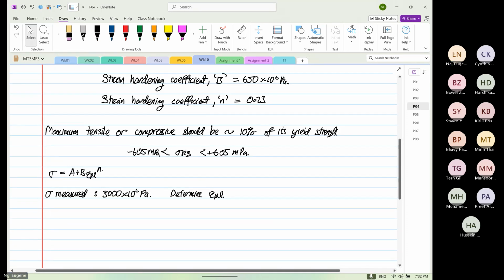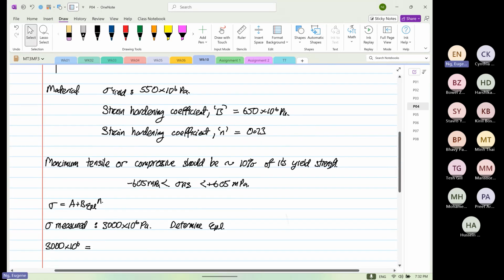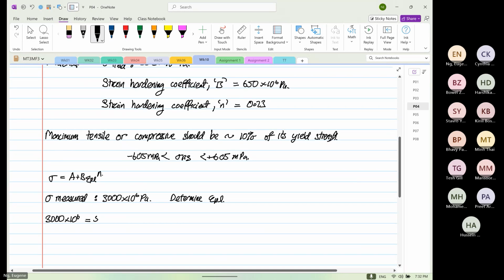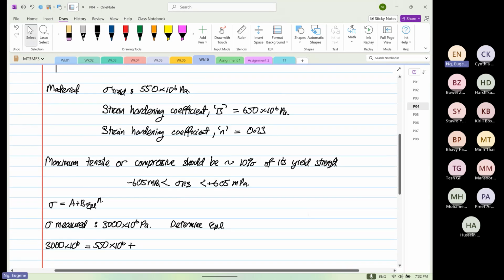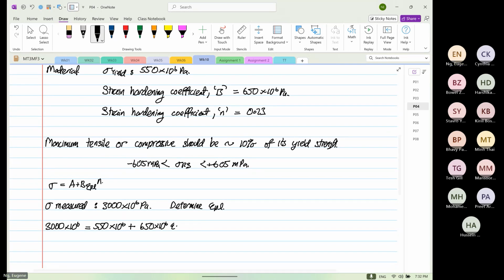So I put in values. A is 550 plus B 650. Epsilon PL, the N is what? 0.23.